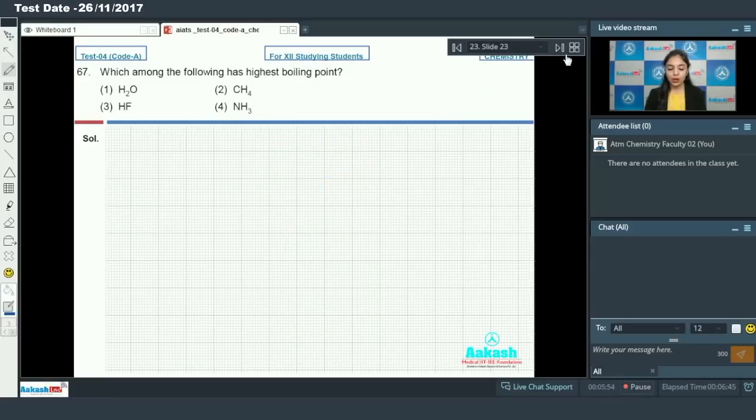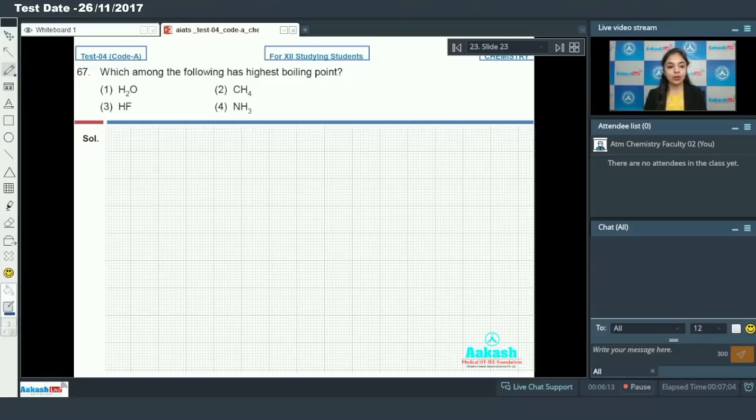Moving on to the next one, question number 67 says: which among the following has the highest boiling point? Boiling point depends upon the intermolecular forces of attraction. The higher the intermolecular forces of attraction, the higher the boiling point.